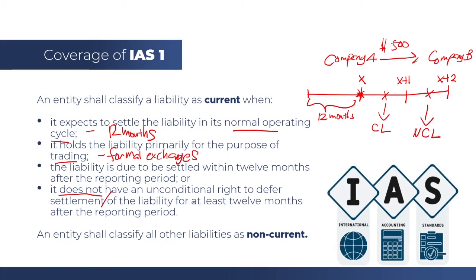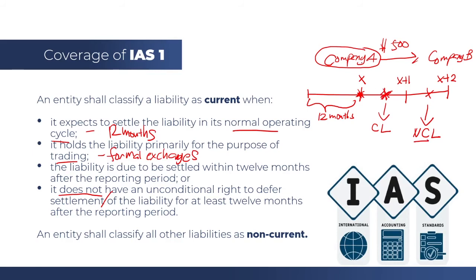Under this criteria, when is the liability non-current? If company A, the one with the liability, has an unconditional right to tell company B that, no, I will not be paying as of this date, then it is a non-current liability.